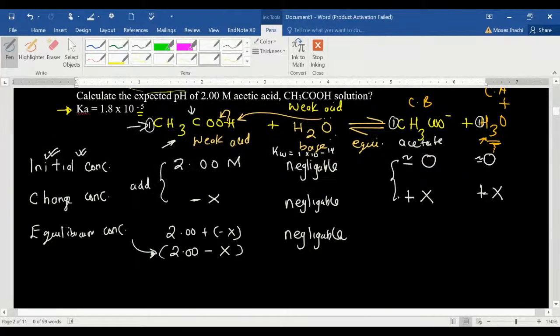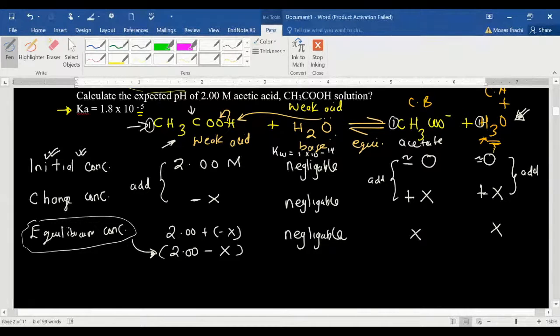And then here we're going to add the initial plus the change, so this will be X. So we're going to focus on the equilibrium concentrations in attempt to find the concentration of H3O plus that we'll use with the formula pH equals negative log H3O plus to find the pH.